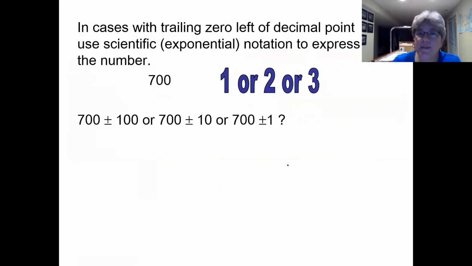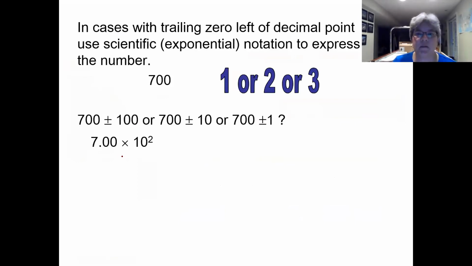So to avoid this error, we have to use the exponential notation. So going back to that 700. If I write it like this, then I know very clearly how many significant figures. Well, that one has 3. If I write it like this, then 2.